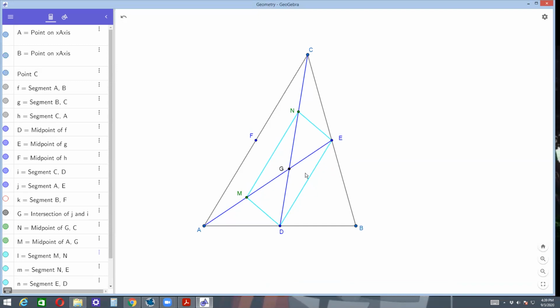To prove something is a parallelogram, one way to do it is to prove that a pair of opposite sides are both equal and parallel. There are several ways you could prove that the opposite sides are equal, so this is equal to this and this is equal to this. Or the opposite sides are parallel. This is parallel to this and this is parallel to this. But there's also a third way where you just choose one of the pairs and say they're equal and parallel. Automatically, the other one will be equal and parallel as well.